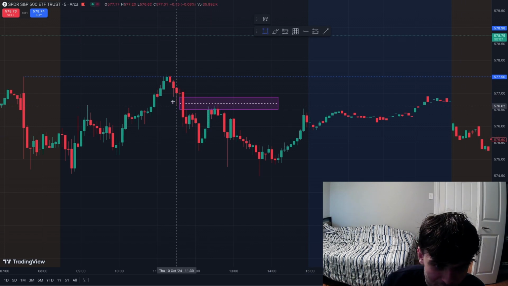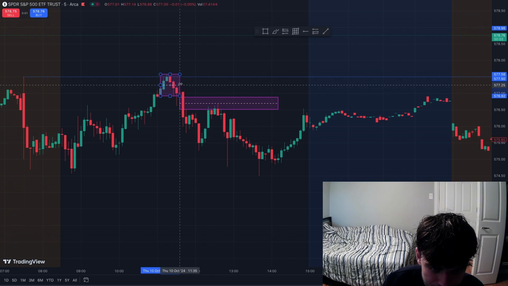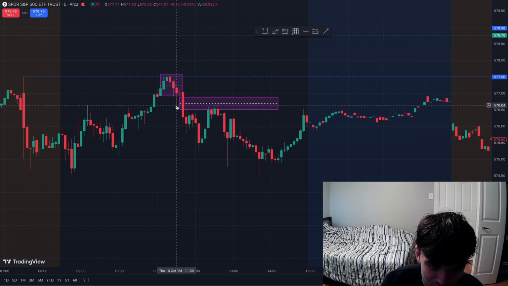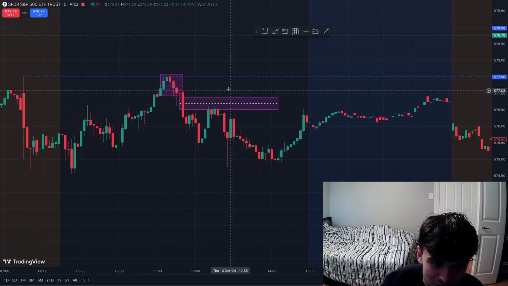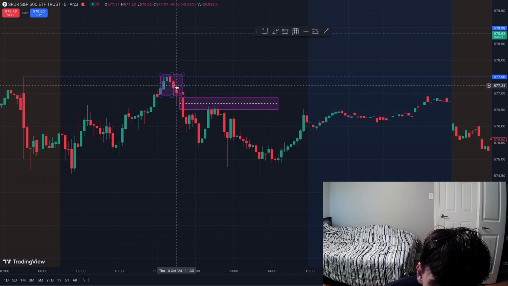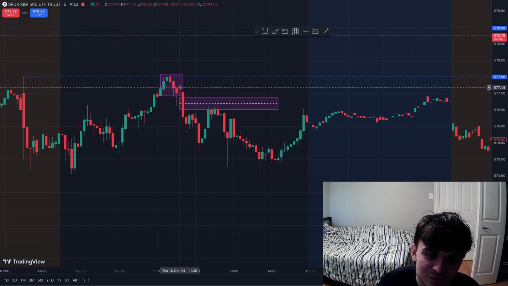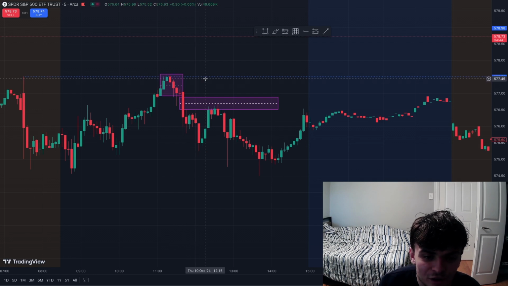The only thing is, I'm not the biggest fan of this trade. I love order blocks. I would have actually placed my entry price where it came back in. Ended up filling. Didn't fill this fair value gap. And then we never had a fair value gap on this one either.